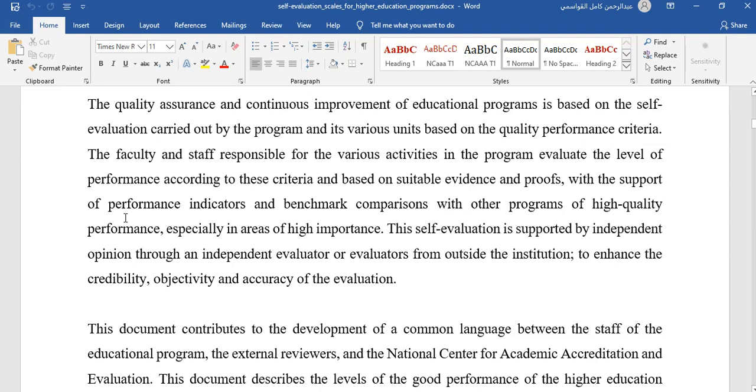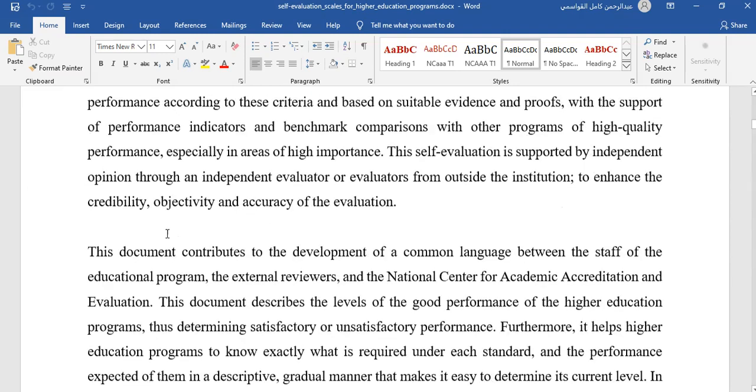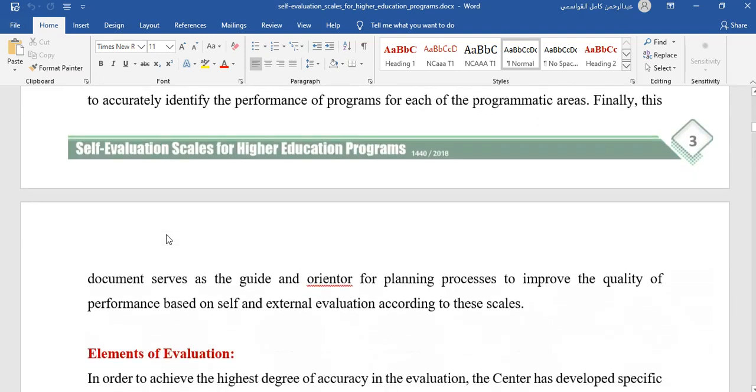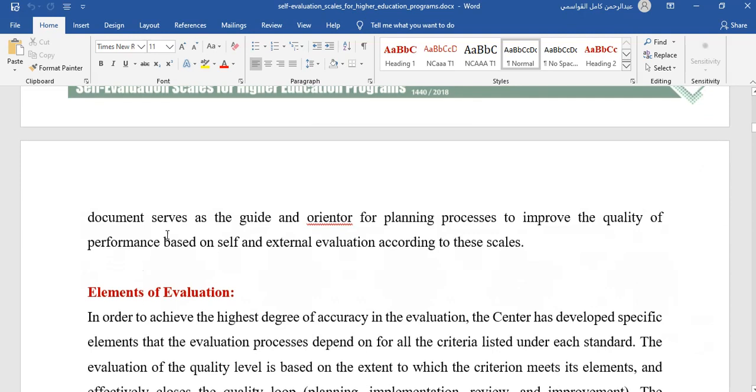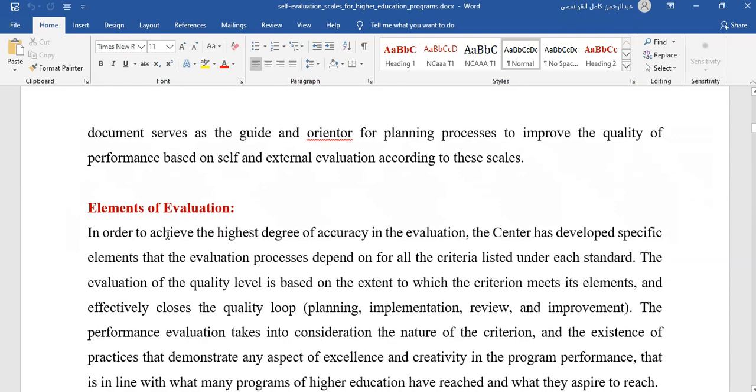So the faculty and staff responsible for the various activities in the program evaluate the level of the performance according to these criteria. I will not go in deep here, but as you know, this is a star evaluation method and you have a maximum of 5 stars and a minimum of 1 star.